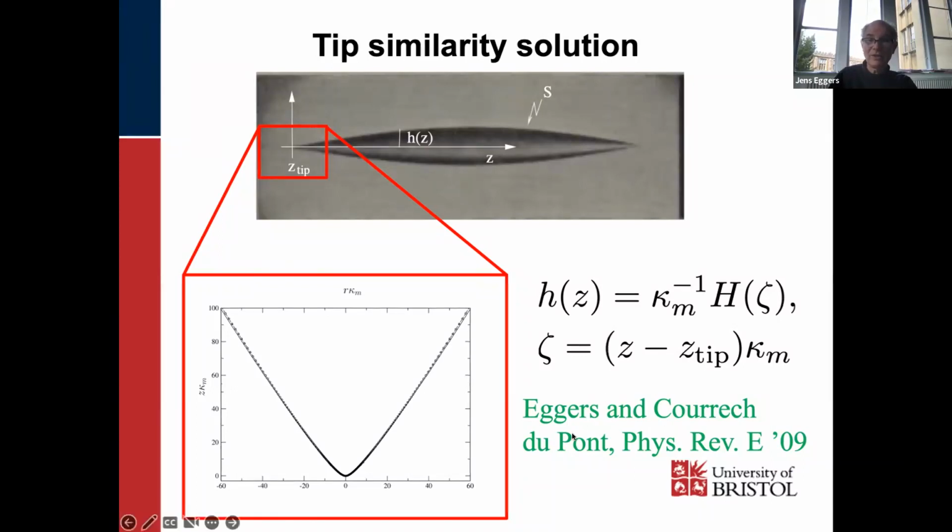So instead of the original interface h of z, I will be describing a similarity profile capital H of zeta, where everything is in units of the curvature.